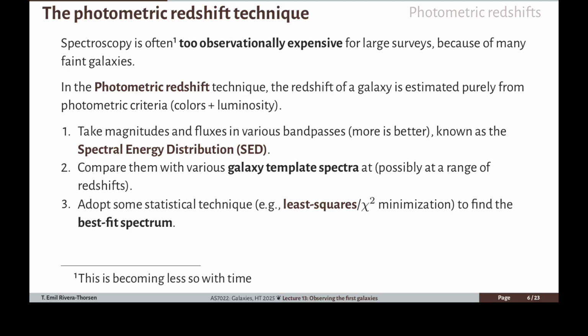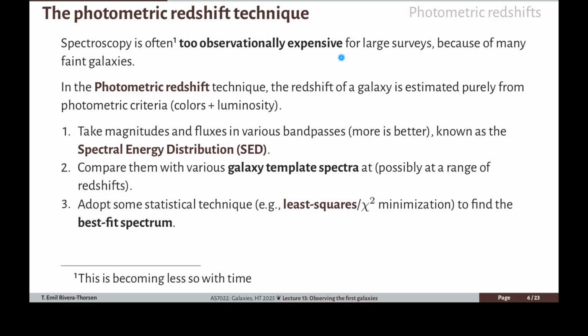But just to get a quick overview, just as these bullet points here, spectroscopy is often too observationally expensive to do for large surveys because there are many faint galaxies and we want to find these galaxies first.